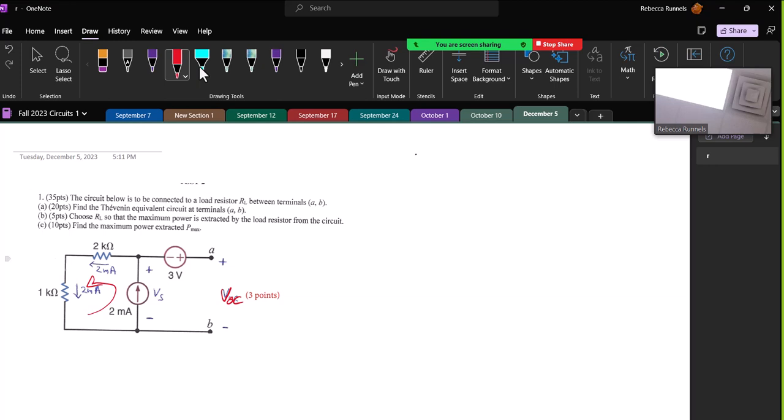So if we do KVL across that, then we can say that if we label the voltage across the current source as Vs, the source voltage, as we come into the bottom side, that's minus. So that's minus Vs, and then plus 2 milliamps times 2 kiloohms, plus, in the other resistor, 2 milliamps times 1 kiloohm has to equal 0.